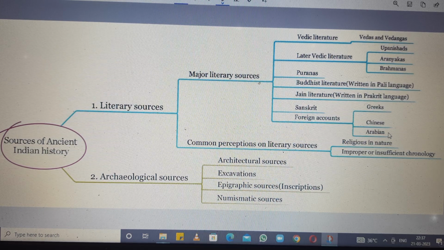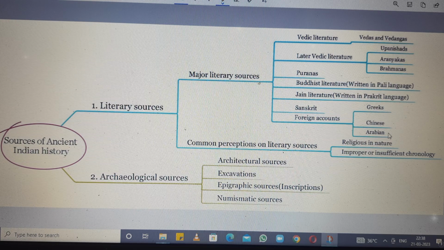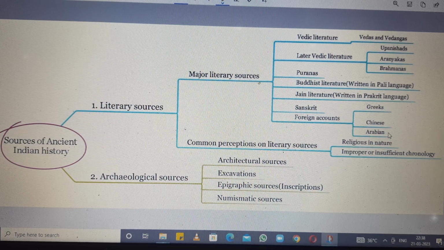After the major literary sources, we have the common perceptions on the literary sources: they are religious in nature. Like the Ramayana, the Mahabharata, or the works written by Kalidasa like the Meghaduta and Abhijnana Shakuntalam, in which we find things related to gods, goddesses, and some events related to mythology.